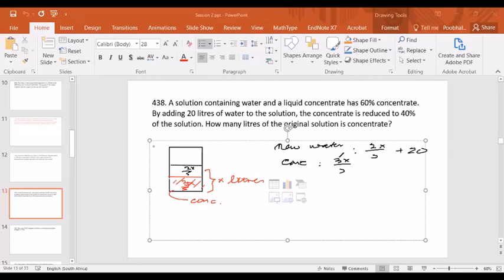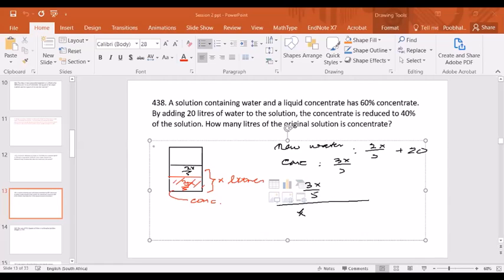Now, how do you calculate the percentage of concentrate in this combined thing after 20 liters have been added? Okay, so you look at how much concentrate there is. It's 3x over 5, right? If you want to know the percentage of concentrate, you take the amount of concentrate and put it over the total amount of liquid.